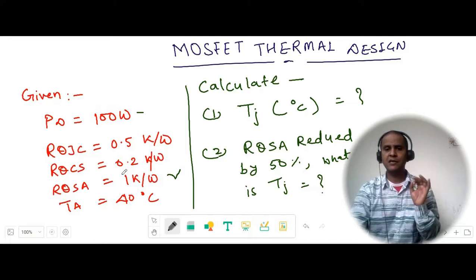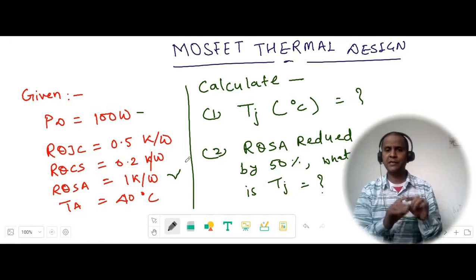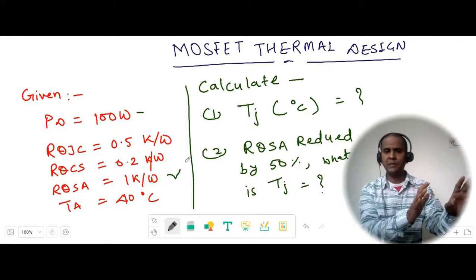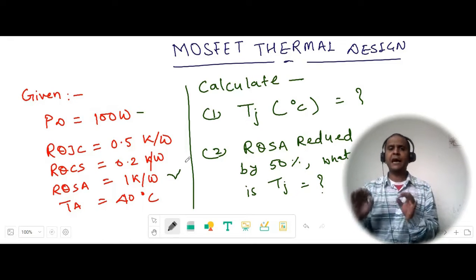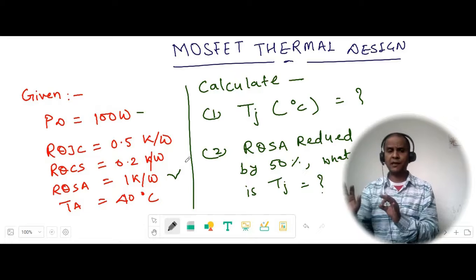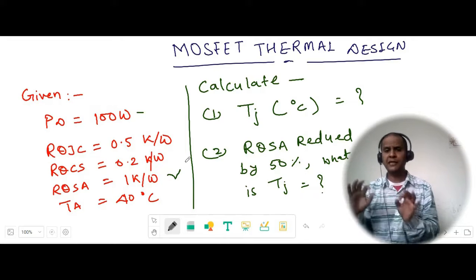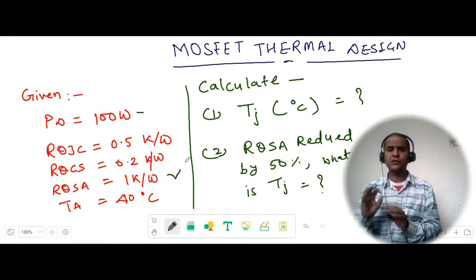In this case, what is going to be my junction temperature? So we want to calculate first the junction temperature as it is for this given parameter, and then later reduce R theta SA by 50%. So what is my new junction temperature?